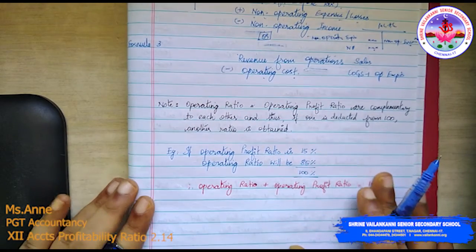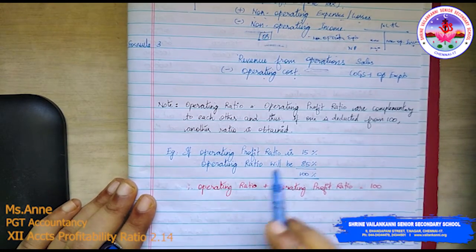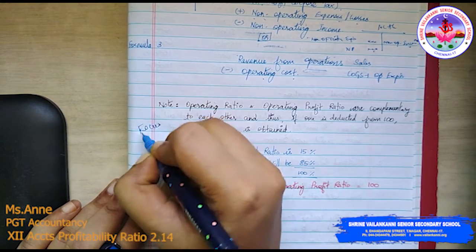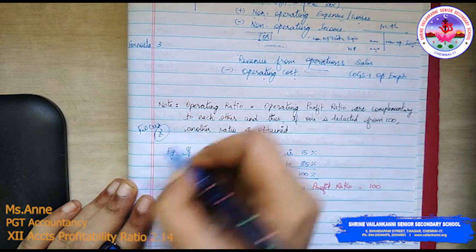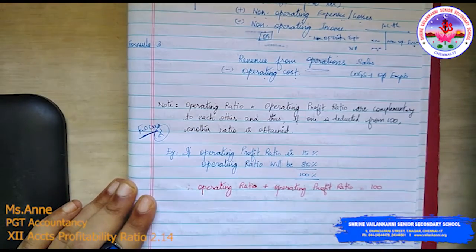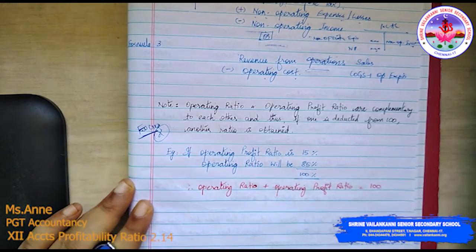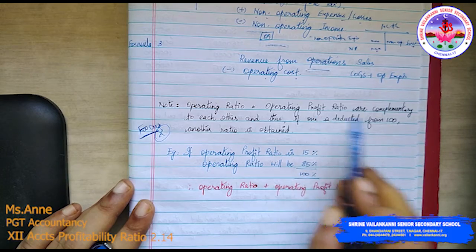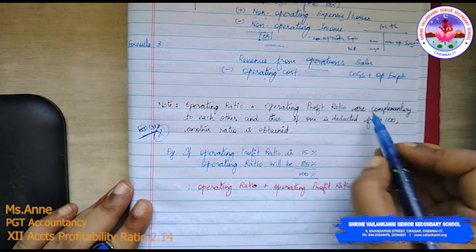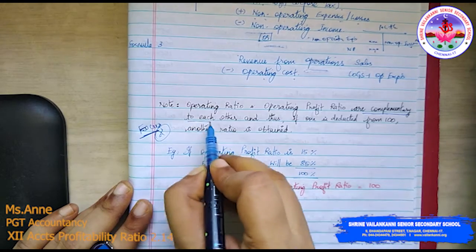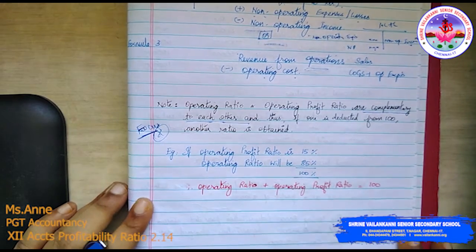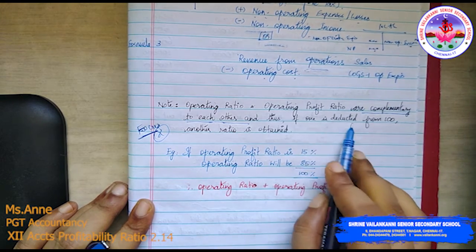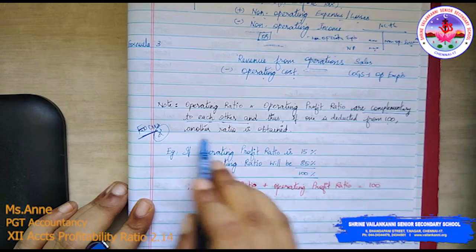See, there's one thing that you need to be clear about. Okay, so focus. This is very important. You need to have focus. Now, operating ratio and operating profit ratio are what? Complementary to each other. They are complementary to each other, and thus if one is deducted from 100, another ratio is obtained.